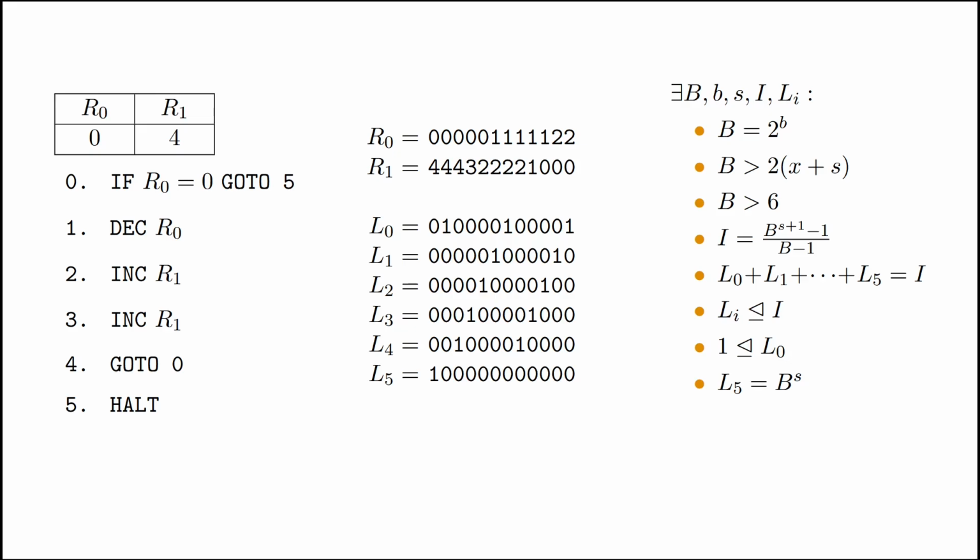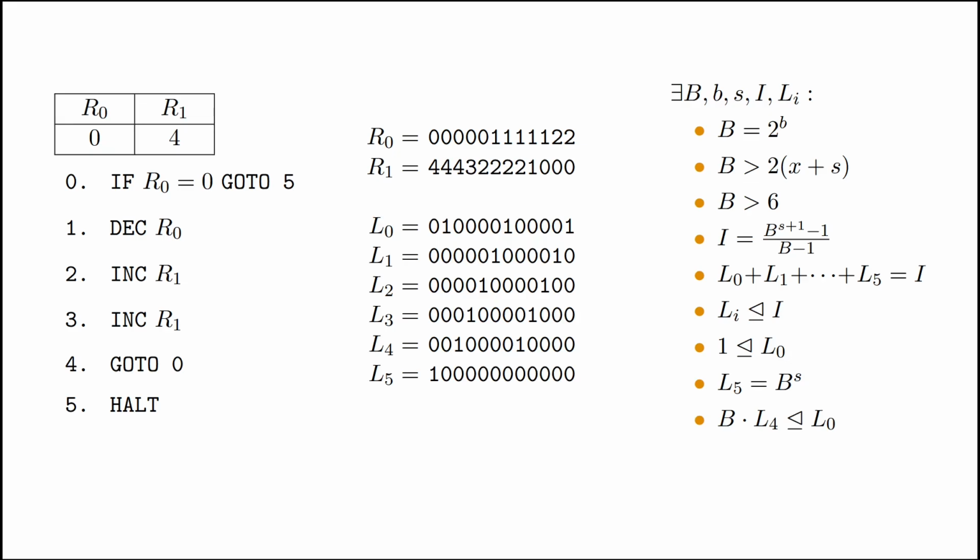Let's start with the simplest line, the goto. We want to make sure that if there's a 1 in the b to the ith place in L4, then there's a 1 in the b to the i plus first place of L0. We do this by requiring that b times L4 is a binary subset of L0.